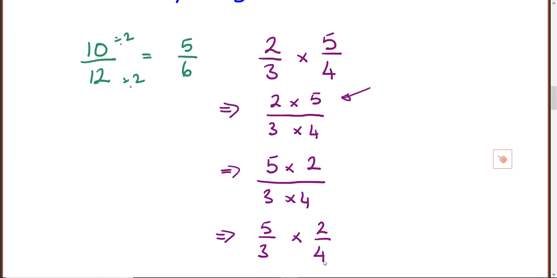So 2/3 times 5/4 will give me an answer, and we know it's 10/12. But 5/3 times 2/4 is also 10/12. Okay, so we know it's going to give me the answer. We've gone through the justification.